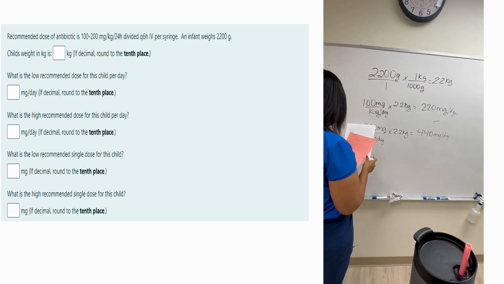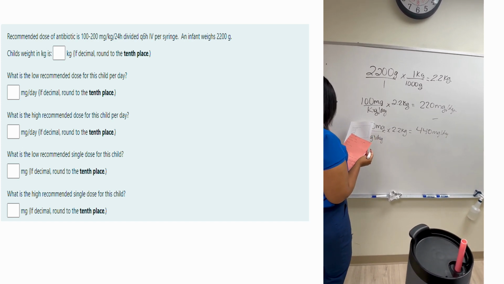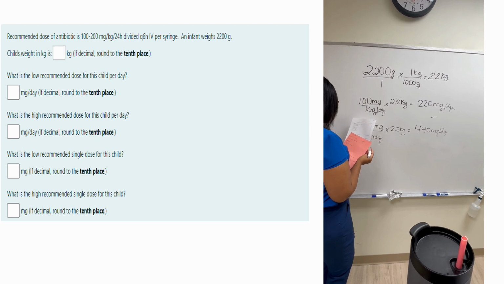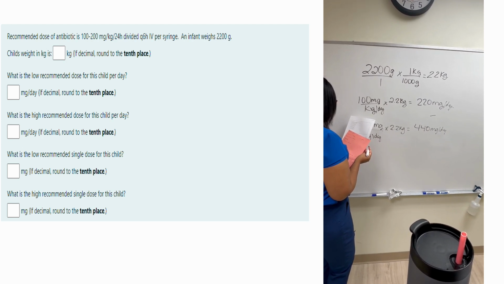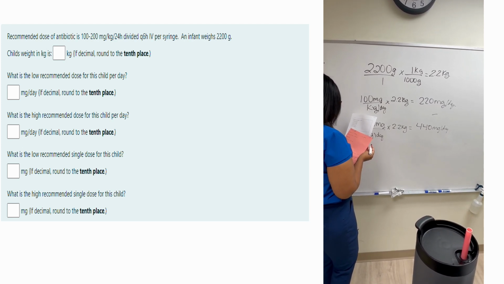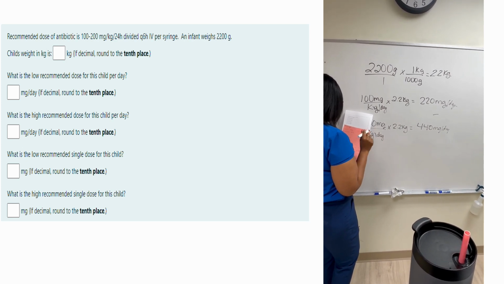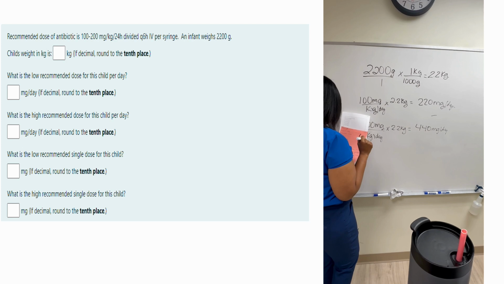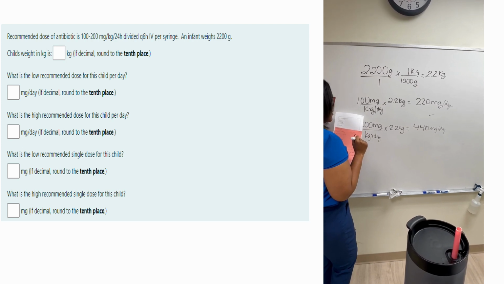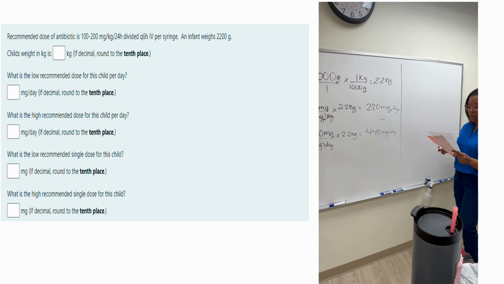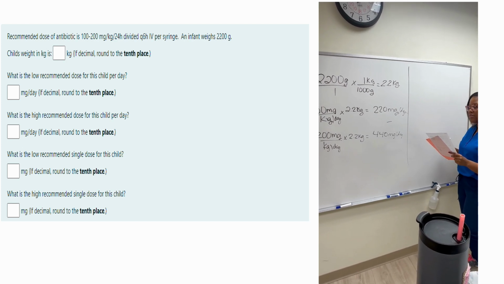So now we need to calculate what is the ordered dose for this child. Okay, don't pause it. I'm gonna keep going because that ain't the question. This one switched up. I don't think I got room. So you got to pause. What is the low recommended single dose for this child?